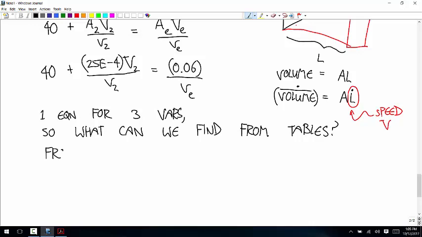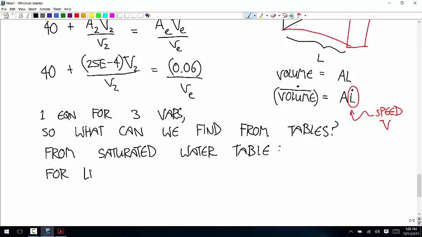So from the saturated liquid water, well, I guess they're all together. From the saturated water table, for liquid water, what temperatures do we have?